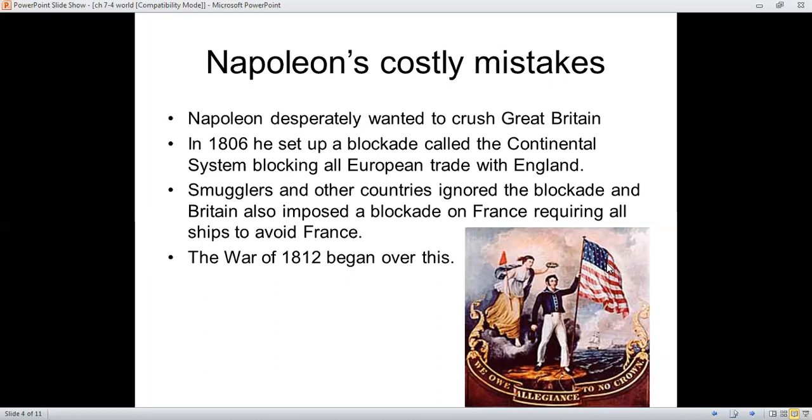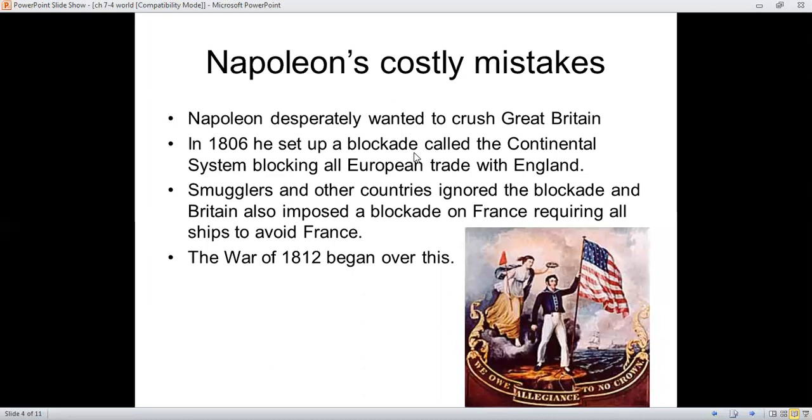Now, Napoleon desperately wanted to crush Great Britain. Remember, France and Britain are old enemies. So the first costly mistake was setting up a blockade, which he called the continental system. This continental system blocked all European trade with England.